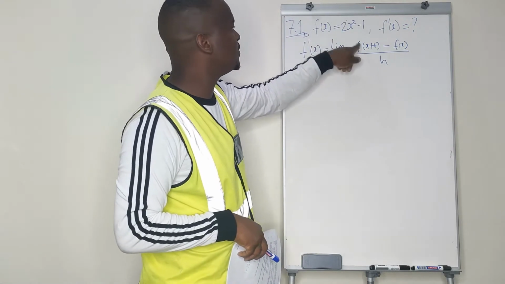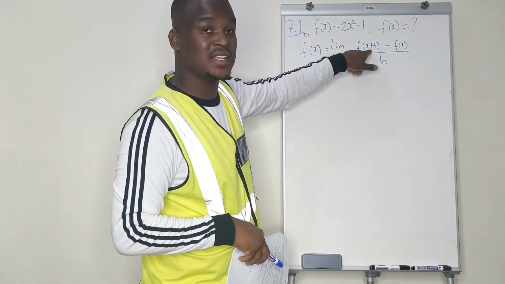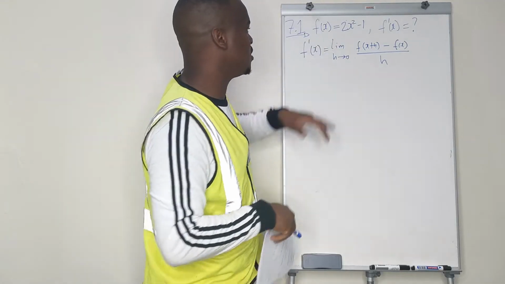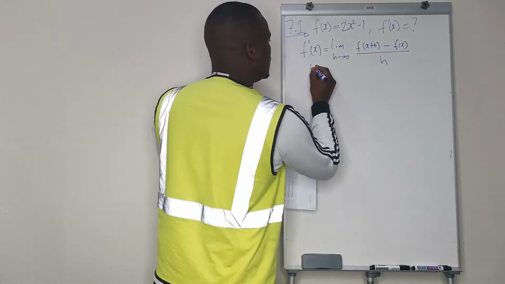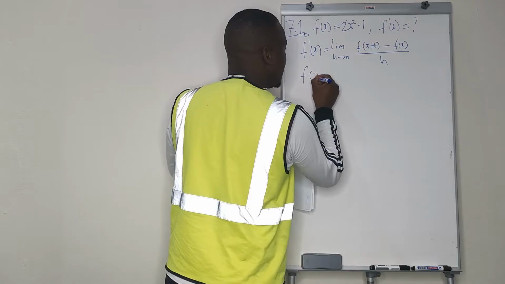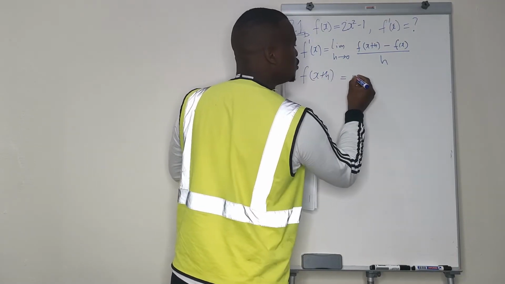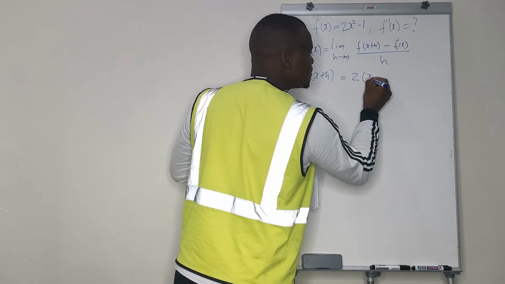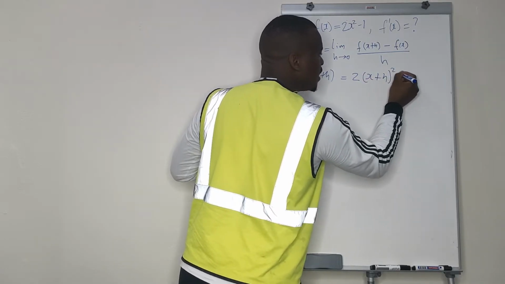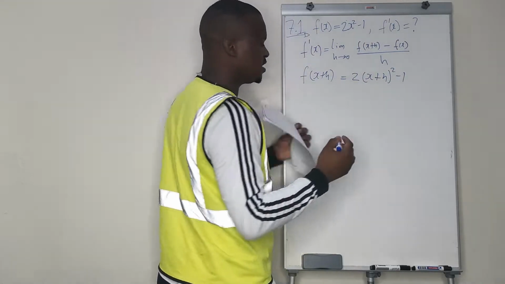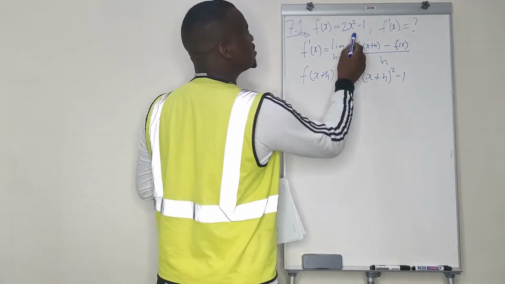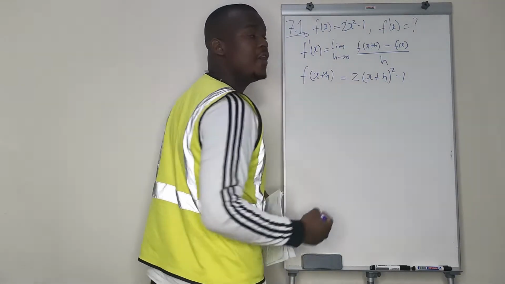So the first part, f of x plus h, is equal to 2 times (x plus h) squared minus 1, which means when you see your x, you put in x plus h.